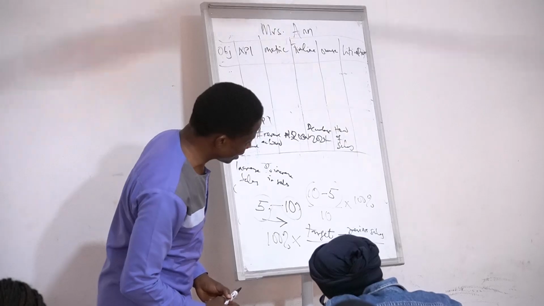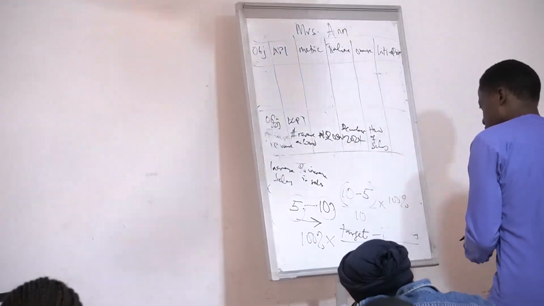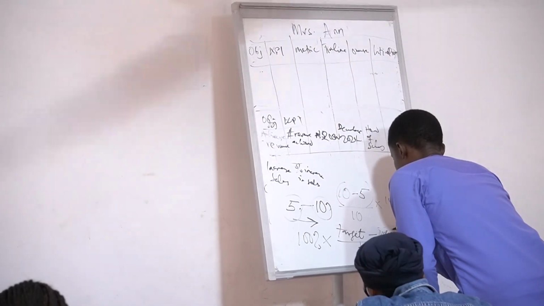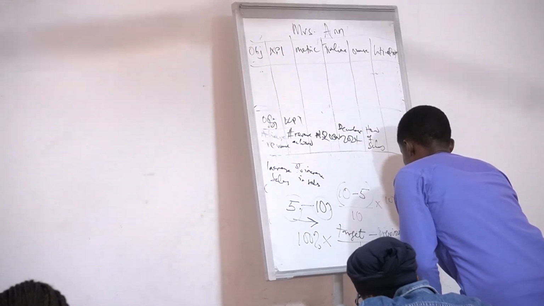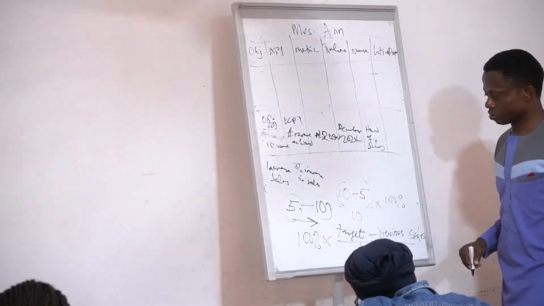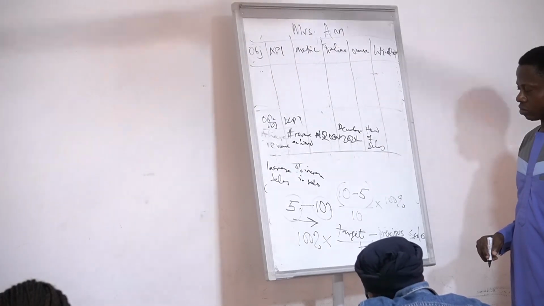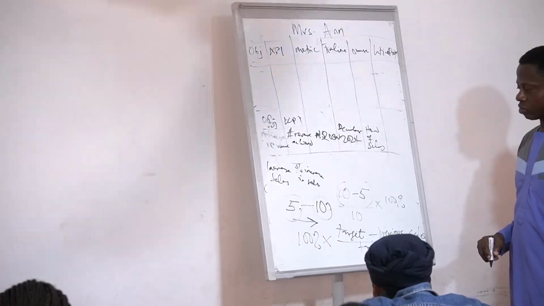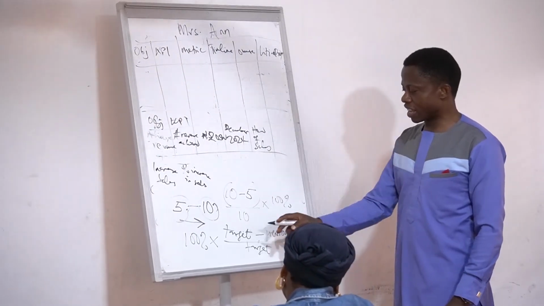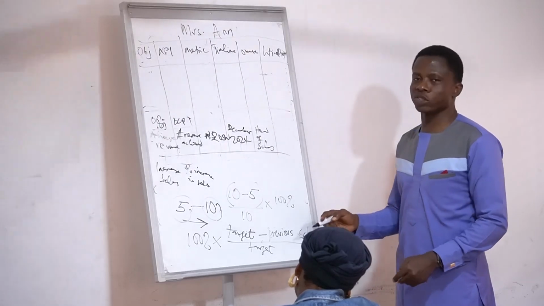I hope you can see my writing. So target minus previous over current times 100 over 1.